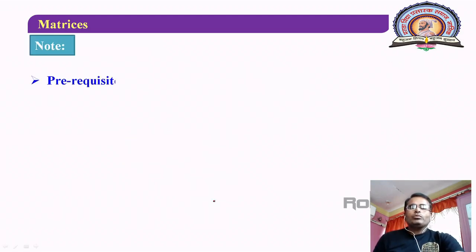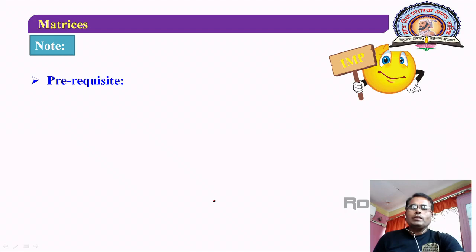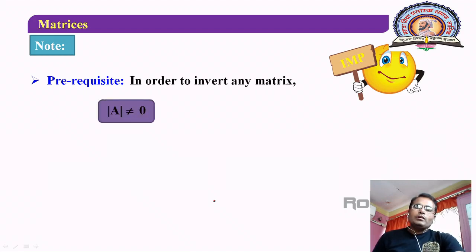Now we have to consider some important things about the existence of inverse. In order to invert any matrix, the important condition is that the determinant of A should not be 0. That is, we always expect a non-singular matrix.